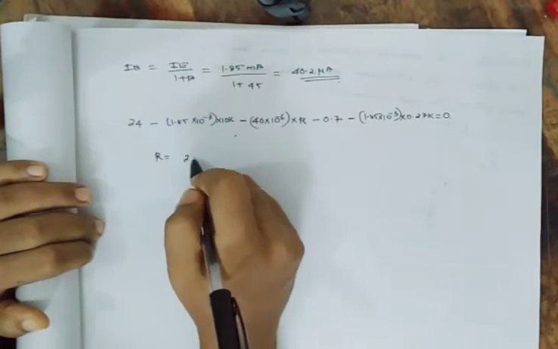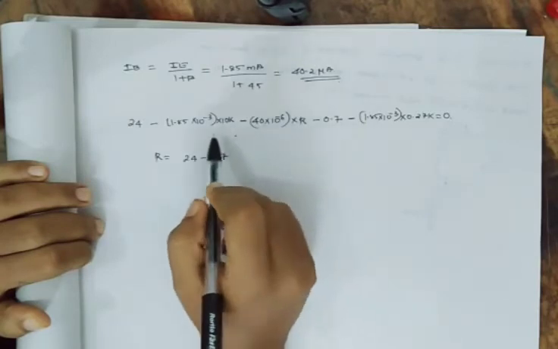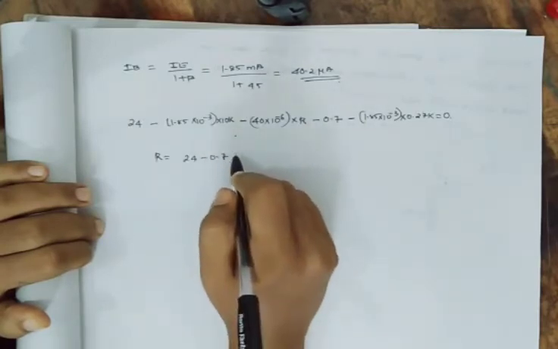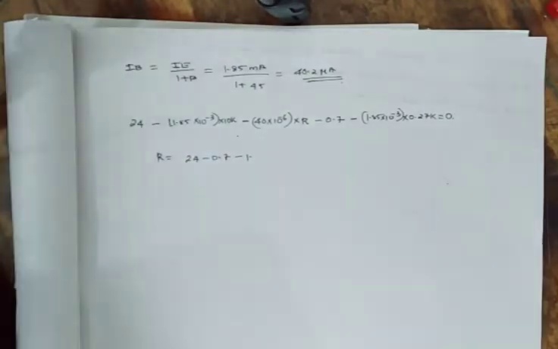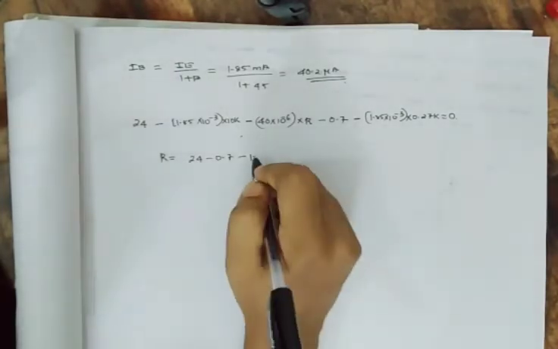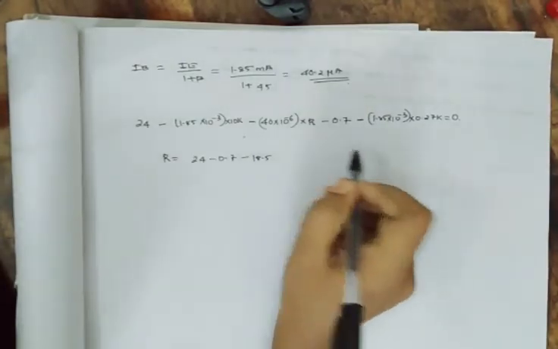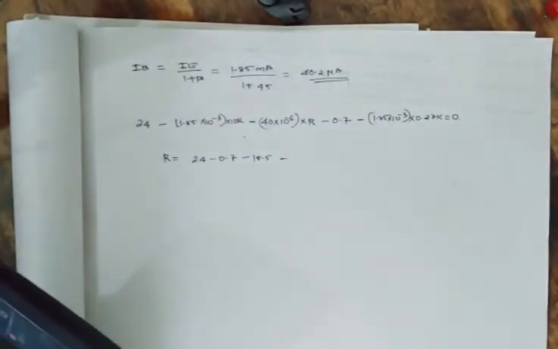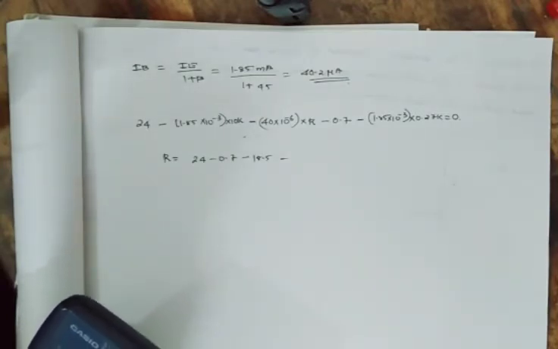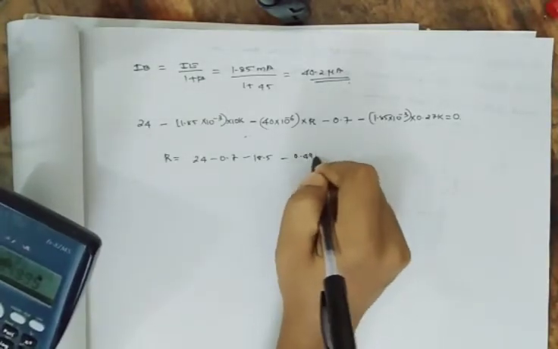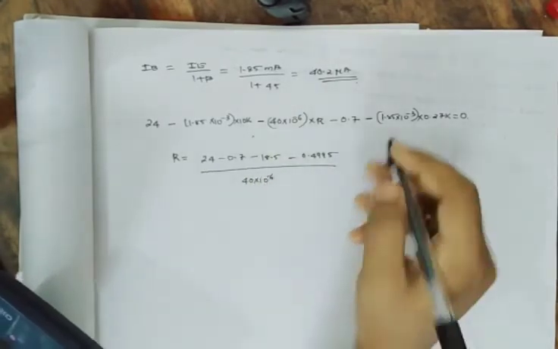R is equal to 24 minus 0.7 minus 1.85 into 10K, that is 18.5, minus 1.85 into 0.27, that is 0.4995, whole divided by 40 into 10 raised to minus 6.